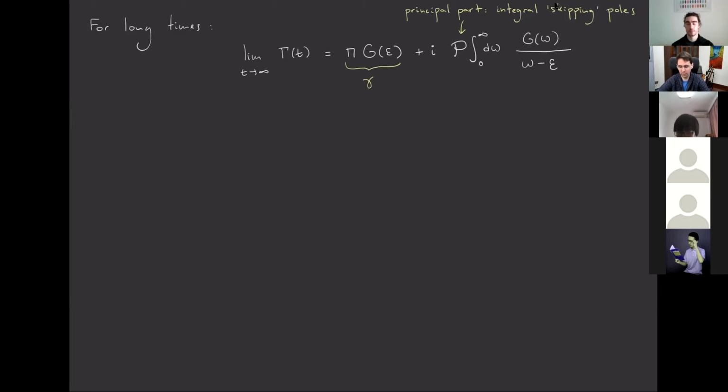I will give you in a second an example so you will see it. But it literally means that you just start integrating, and whenever you find a pole, instead of considering it, you just jump it and you continue integrating. So you remove the infinities that come from the poles.